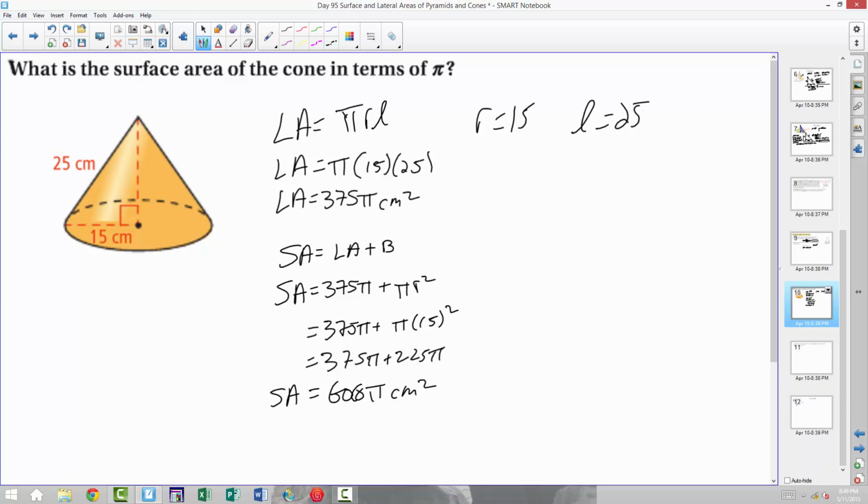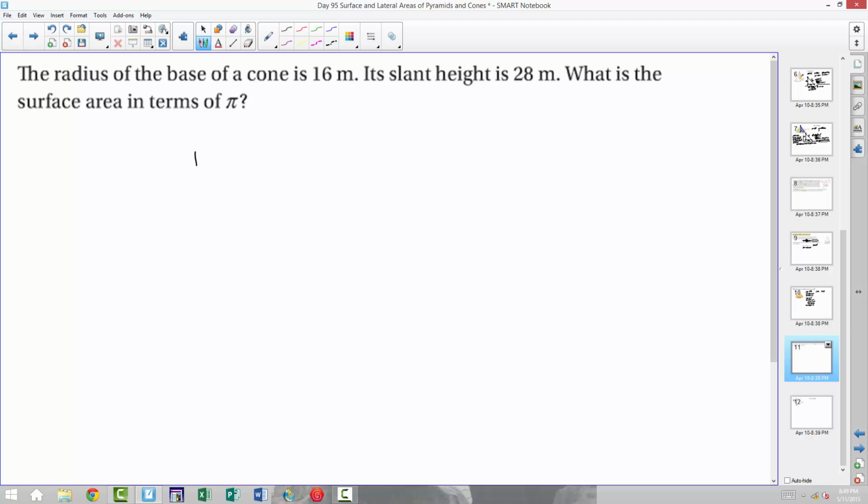That's 0. It's not an 8. So you have a radius of 16. You have a slant of 28. So I want the surface area.